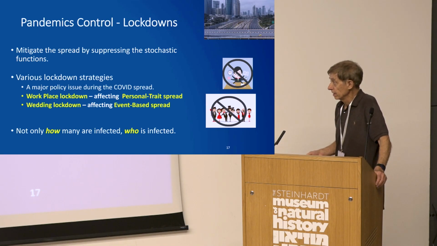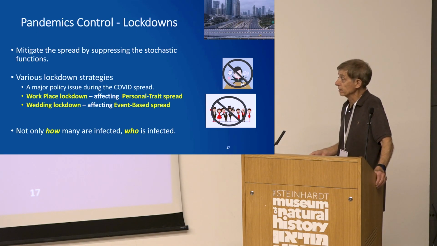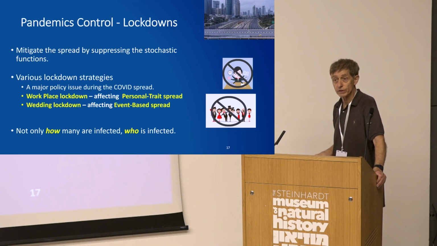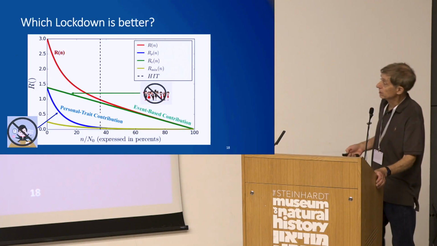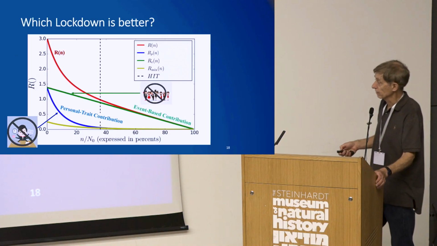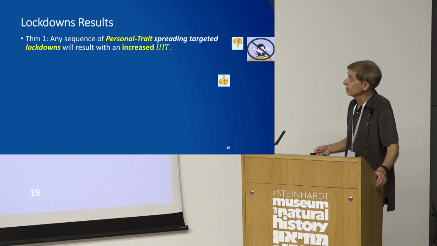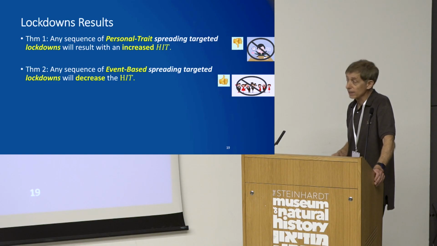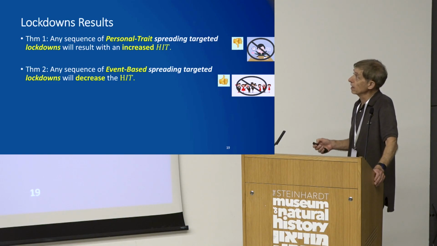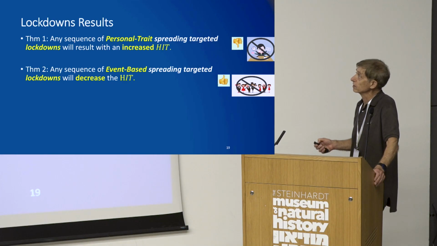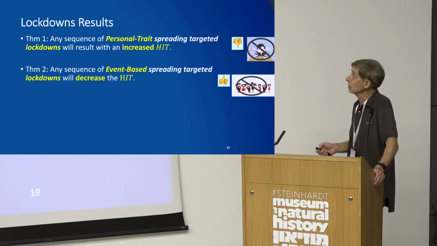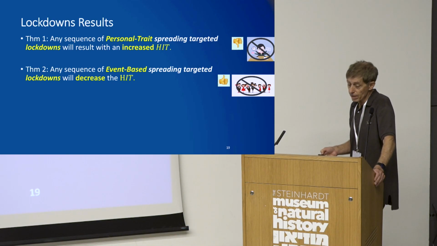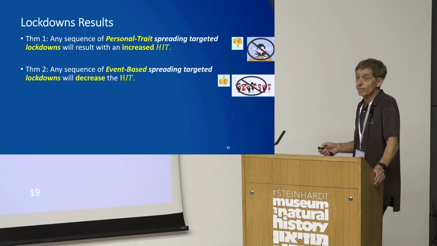The type of lockdown you take affects not only how many are infected, but also who is infected. I think this curve shows it, but we don't have the time, so let me see what the results say. We have two theorems here. One says that if we take personal trait spreading targeted lockdowns, namely lockdowns on workplaces, we will increase the HAT.